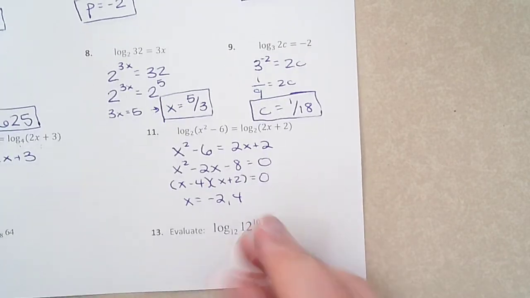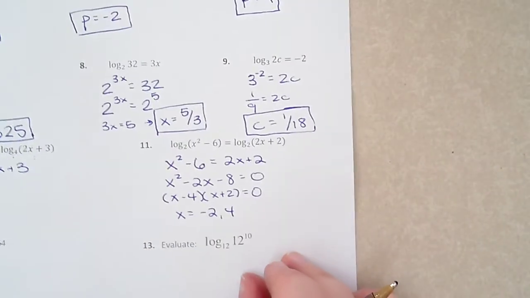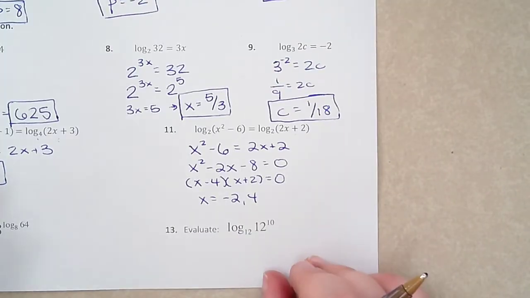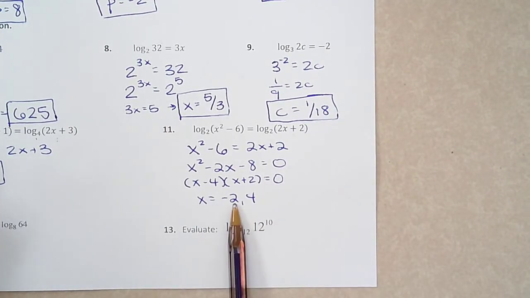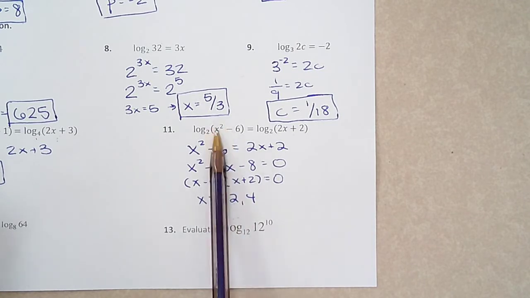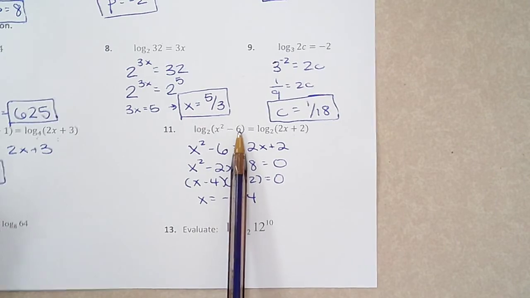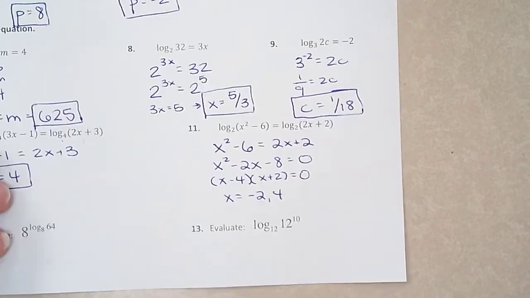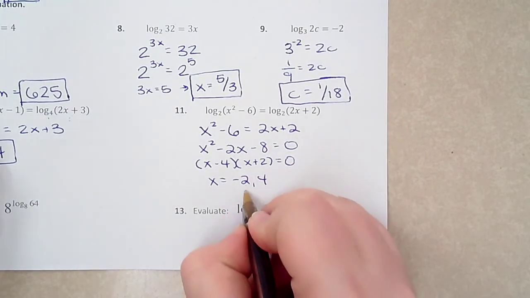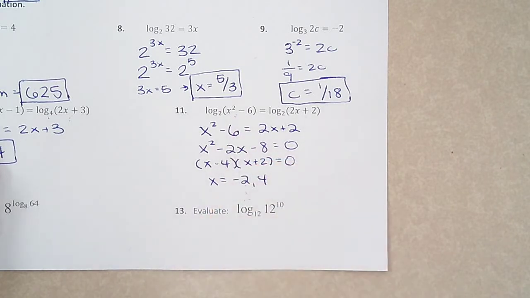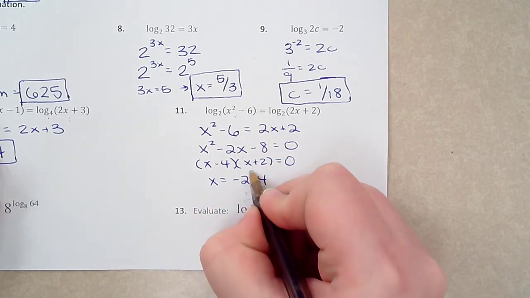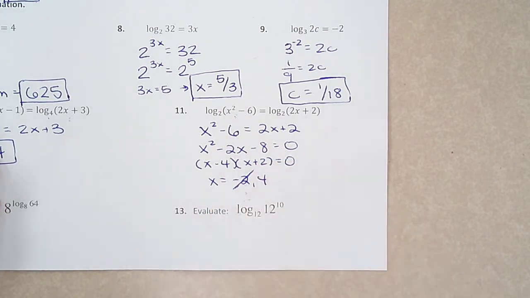However, just because I get 2 answers doesn't mean there are 2 answers. Make sure you always go back and check. Let's plug these back in. I get -2 squared, which is 4. 4 minus 6 is negative 2. Ooh, problem. We cannot have a negative inside of a log. That immediately is going to raise some red flags for us. So negative 2 does actually not work.